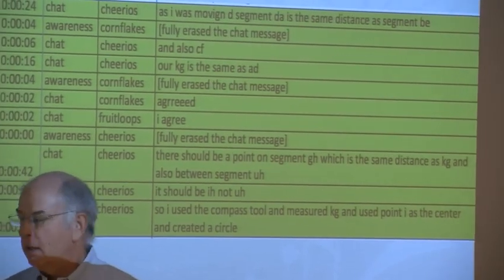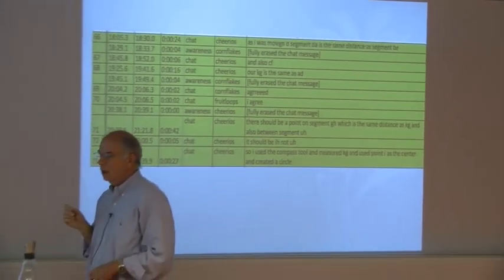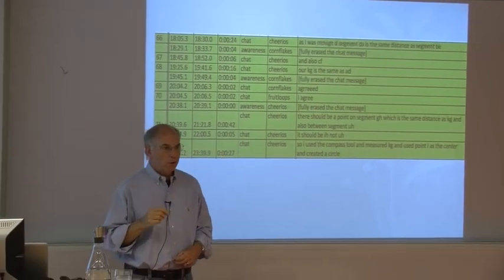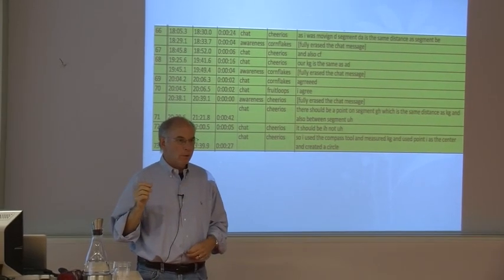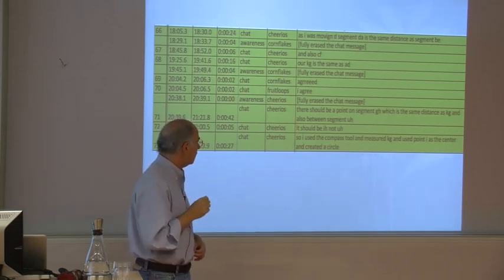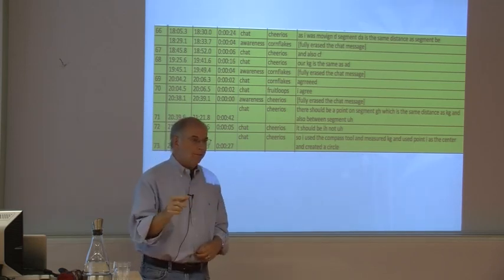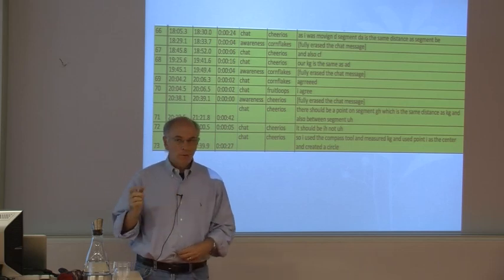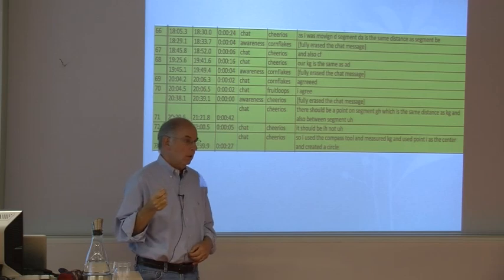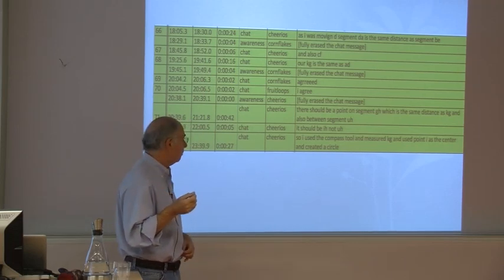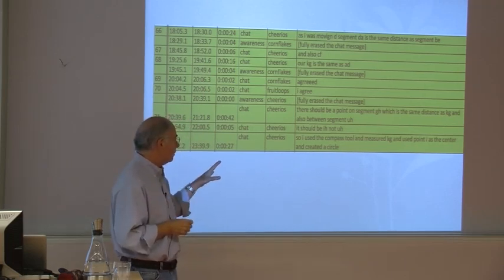But if you look then at the GeoGebra actions, you see that Cheerios fumbled around trying to do this construction and wasn't able to, and the other 2 girls came along and did different parts of it. So the construction was a collaborative accomplishment that they all participated in. And it doesn't show up because they're not chatting a lot about what each one's doing.